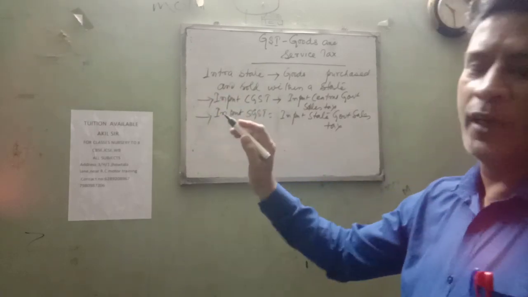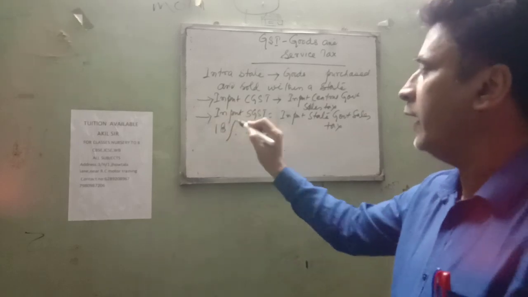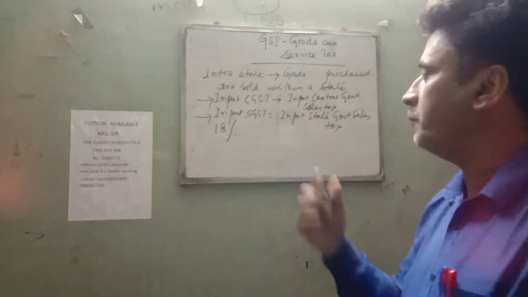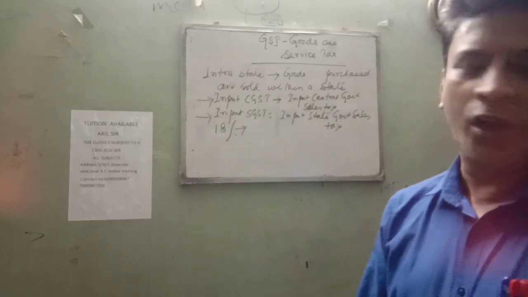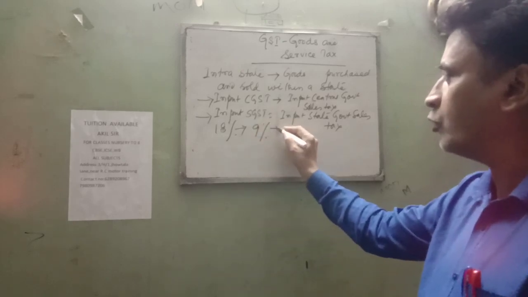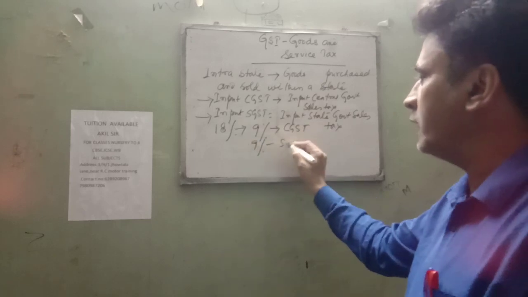Say if it is GST 18%, within a state, suppose Siliguri or Sikkim or Jalpaiguri in West Bengal, so 18% means 9% goes to the central government and 9% goes to the state government.